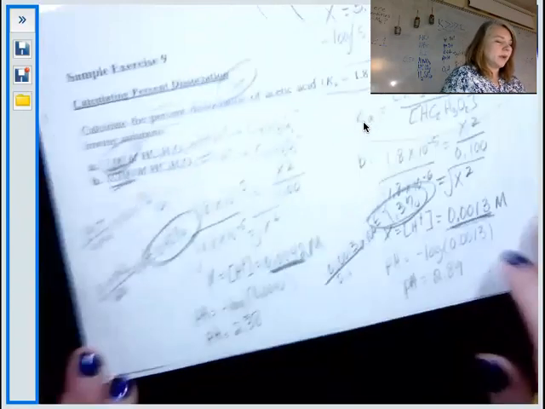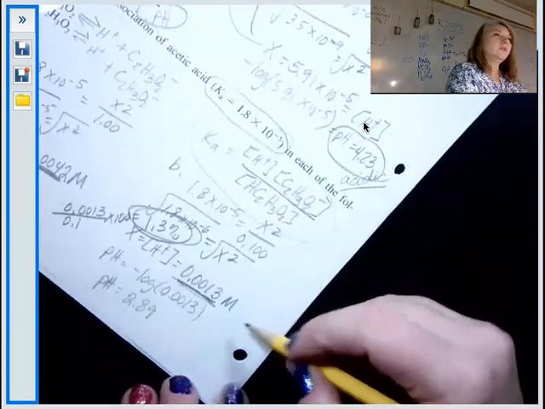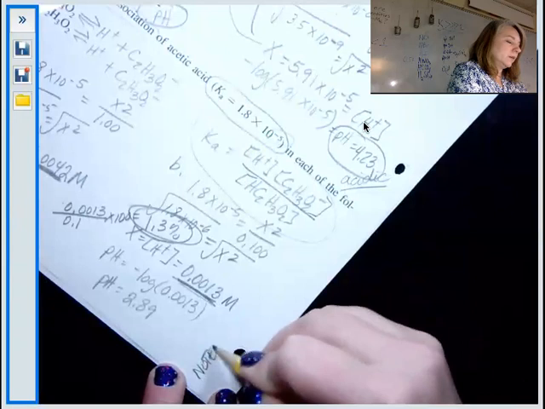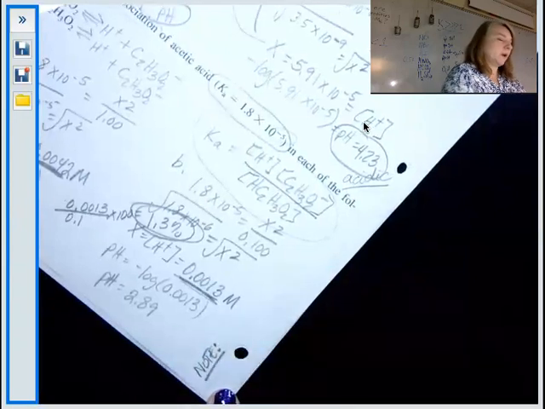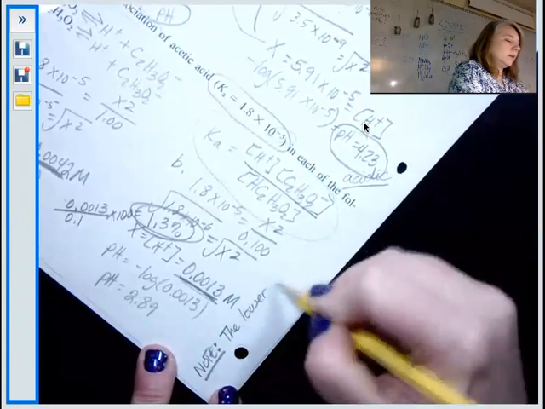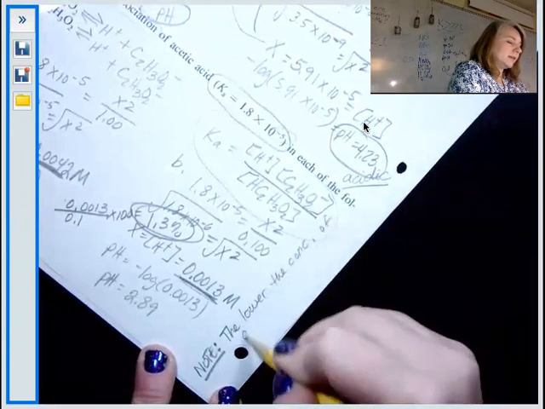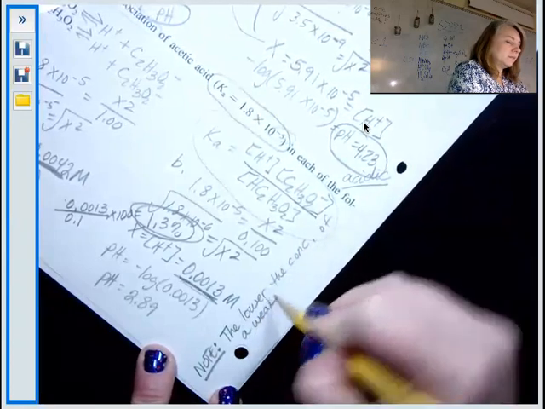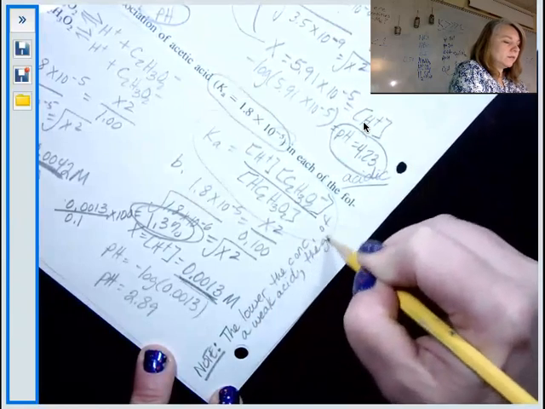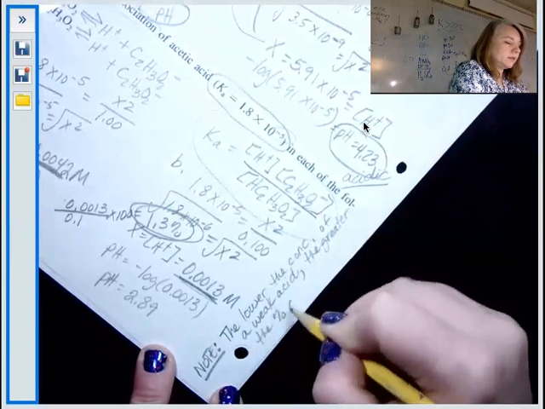Okay, so you might want to write that maybe on the side of our lecture guide here, just so we can make a point. Note, what do we need to learn from this problem? The lower the concentration of a weak acid, the greater the percent dissociation.